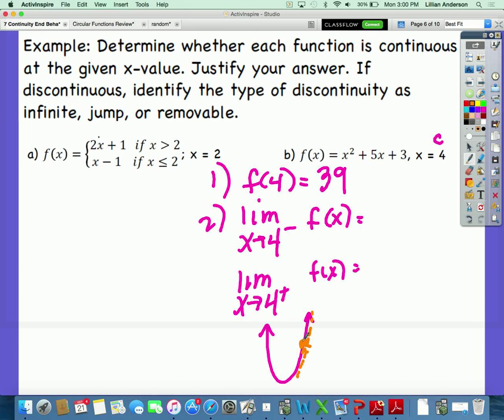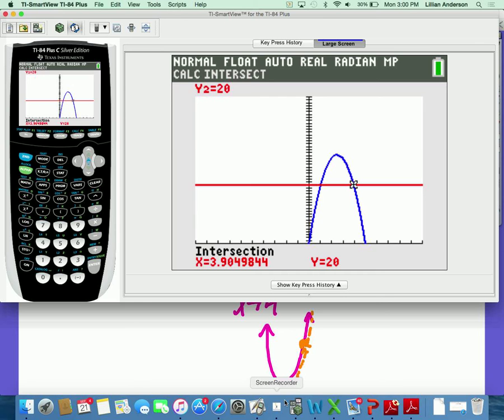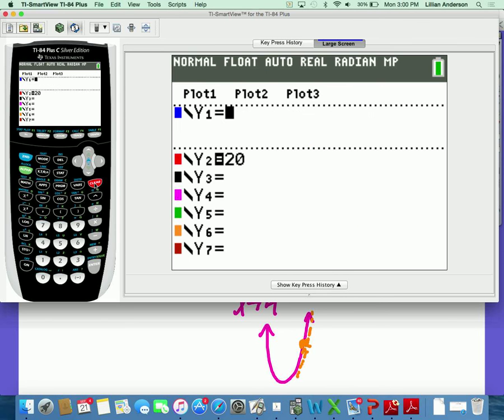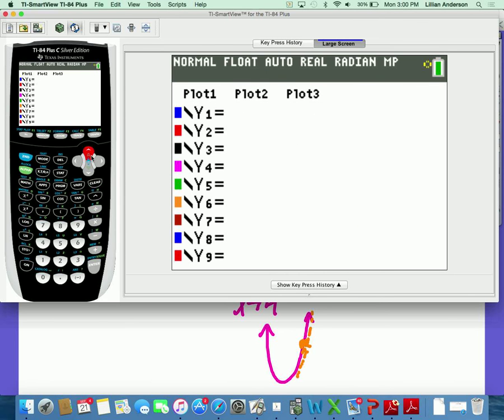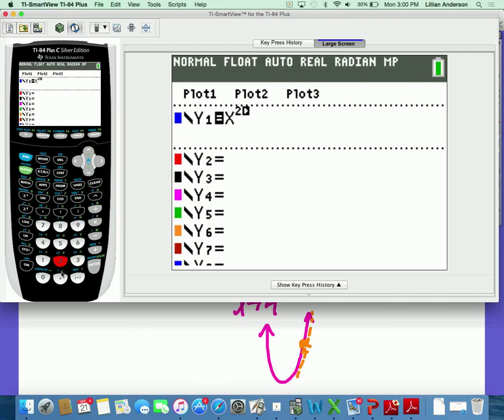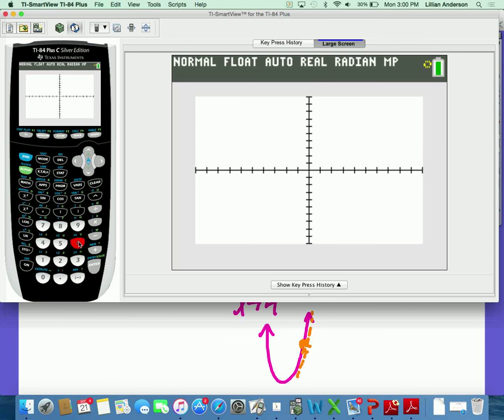If you don't believe me, look at your calculator. I see some of you have a calculator, not everybody. Look at your calculator. That's not it. It was x squared plus 5x plus 3. Okay, I can't see formulas.